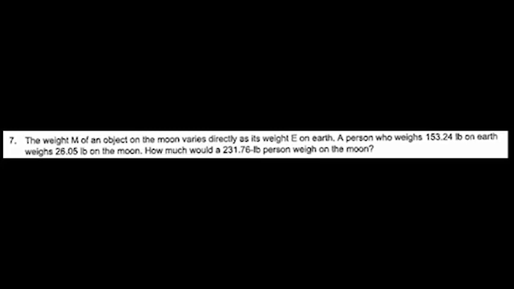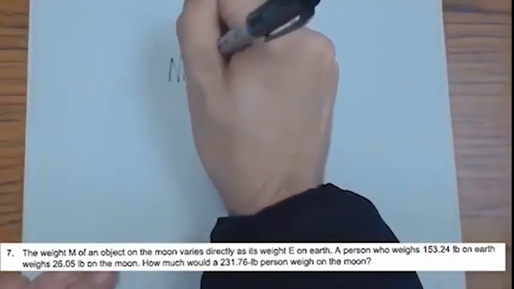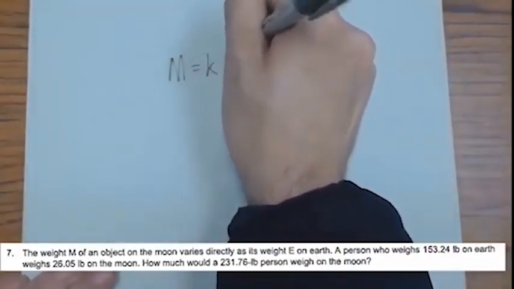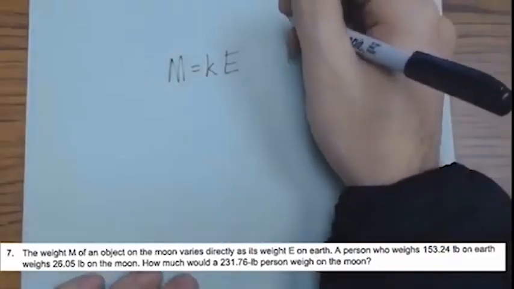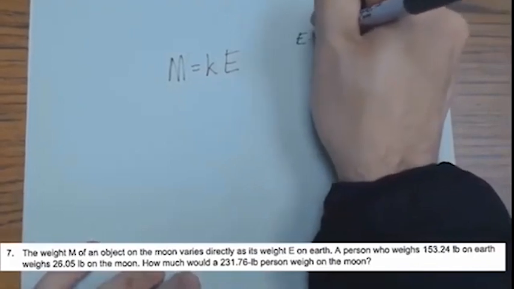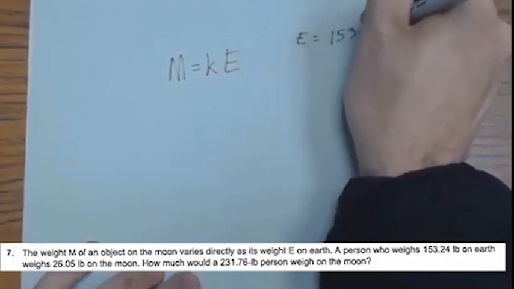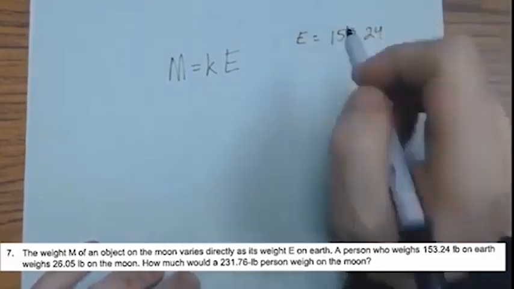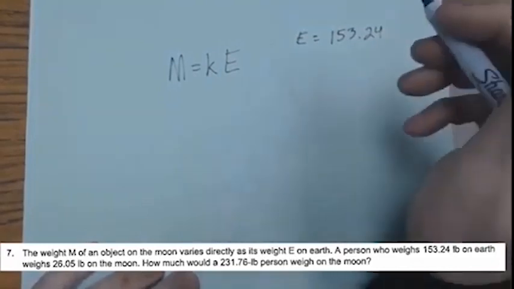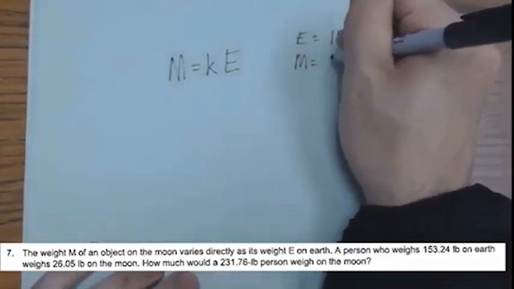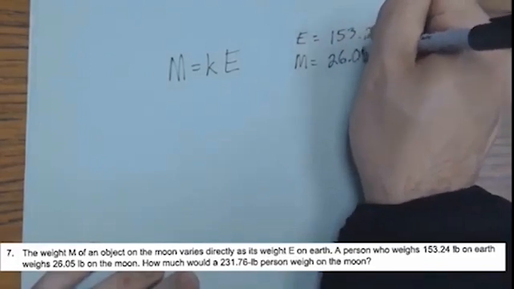So if we read that first sentence, the weight m varies directly as the weight e. m varies directly as e. A person who weighs 153.24 pounds on Earth, so when e equals 153.24, they weigh on the moon 26.05 pounds.